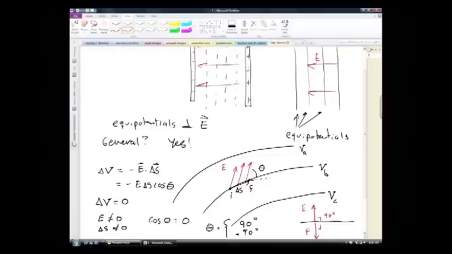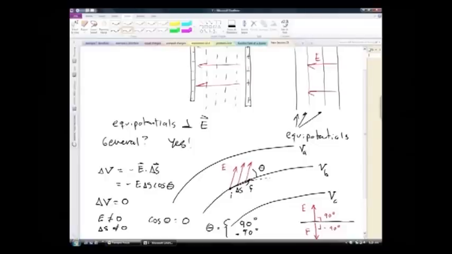No other possibilities. So the general result is that the electric field at some location in space is always going to be perpendicular to the equipotential that goes through that point in space. So once you've drawn all the equipotentials in your problem, if you're asked about the direction of the electric field at some point in space, you can be sure that it will be perpendicular to that equipotential that crosses that point.